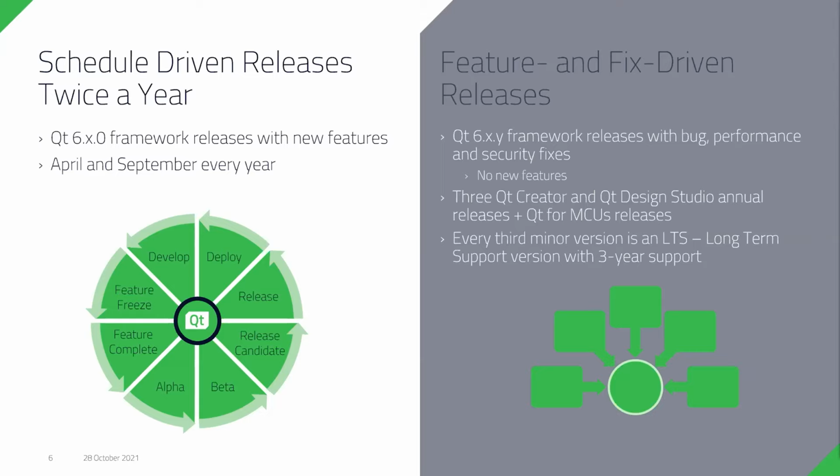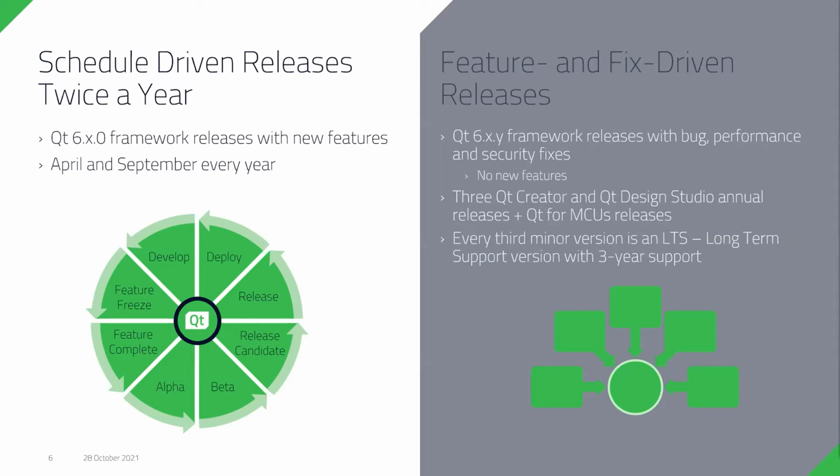In April, we'll have 6.3 and next September 6.4 before we get to 6.5, which will be our next LTS. But you'll be able to standardize on 6.2 as a standard stable platform for building your applications. You'll have confidence that you'll get security patches over the next 3 years without breaking binary compatibility, and that just makes your life a lot easier as you move into the maintenance phase of your projects.